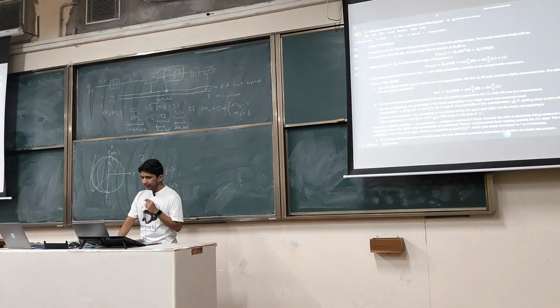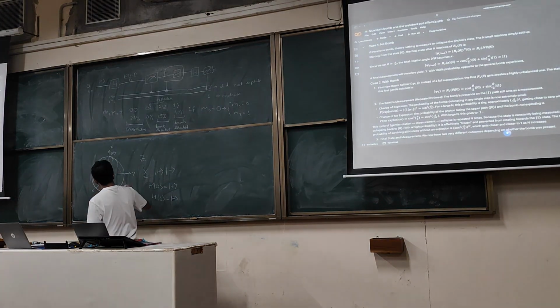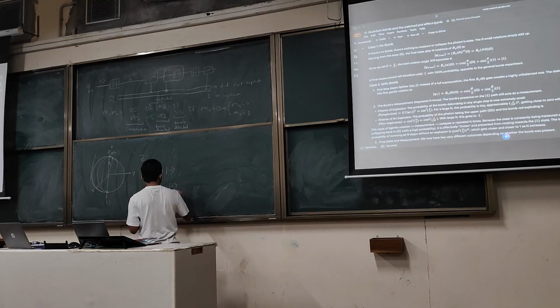Now let's say instead of using a Hadamard, we end up using the R_y gate, the rotation along the Y basis.